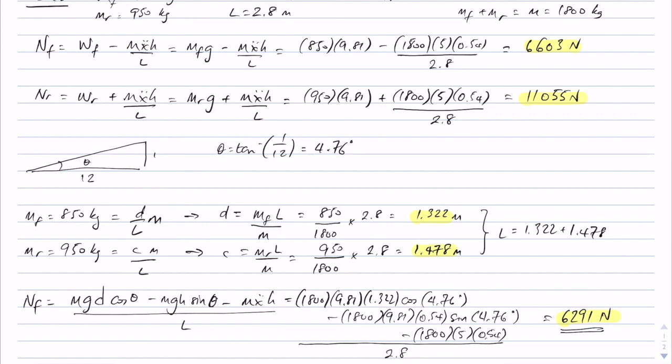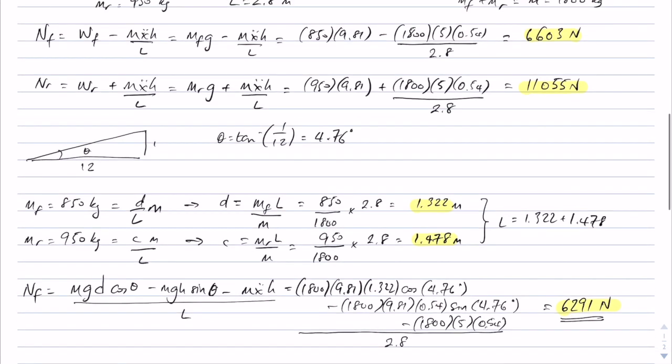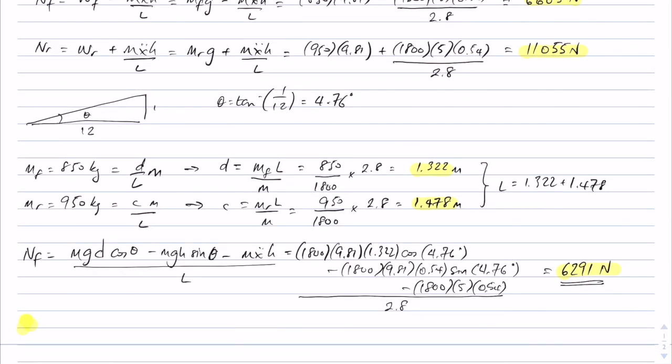But again, for NR, I'm going to use the quick method, which is just to subtract NF from the total normal load.